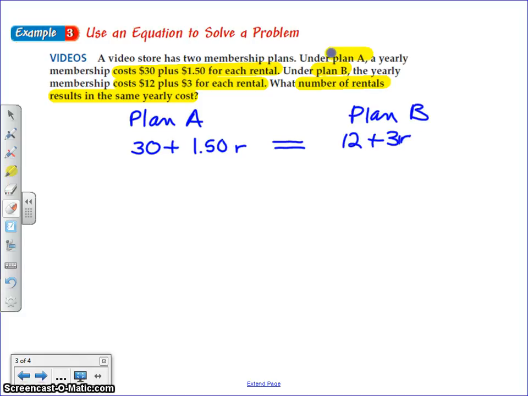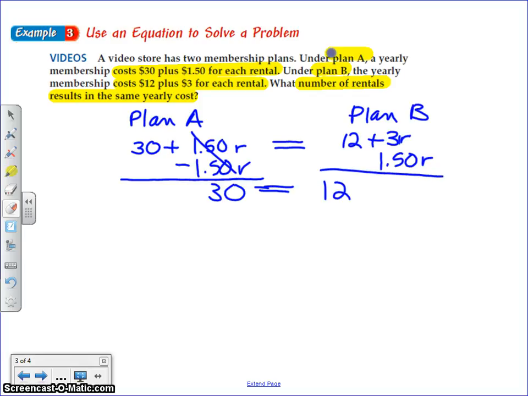30 plus 1.50R equals 12 plus 3R. I'll put my like terms together. I'm going to put my R's together. And we subtract 1.50R from 3R, and we get 1.50R.